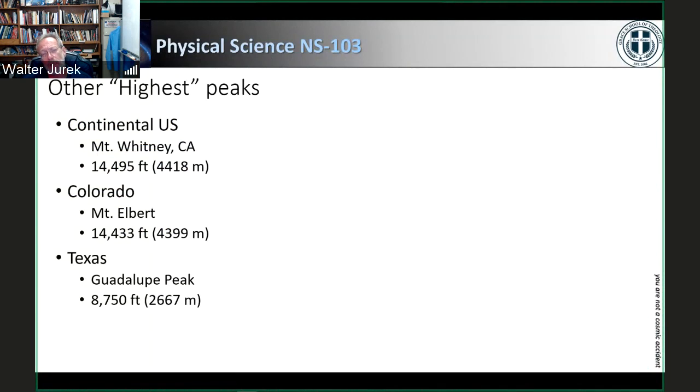Yes, I've been there. The highest point in Colorado is Mount Elbert at 14,433 feet. Yes, I've been there. And here in Texas, the highest point is Guadalupe Peak at 8,750 feet. And yes, I've been there. I love exploring God's creation.